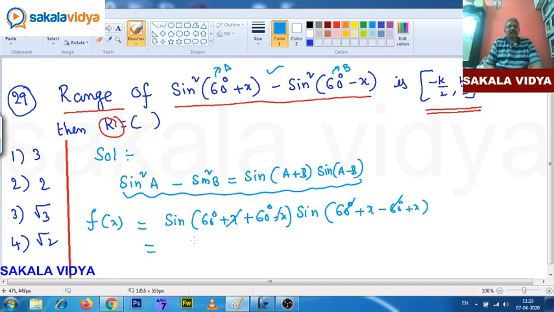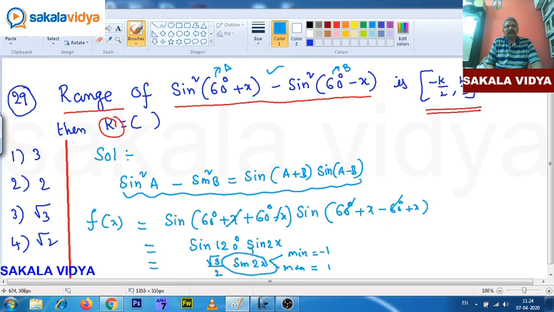We have sin 120 into sin 2x. Now sin 120 is sin of 90 plus 30, which is cos 30, that is root 3 by 2 sin 2x. So the minimum of sin 2x is minus 1, the maximum is 1. That means now we can write like this now.